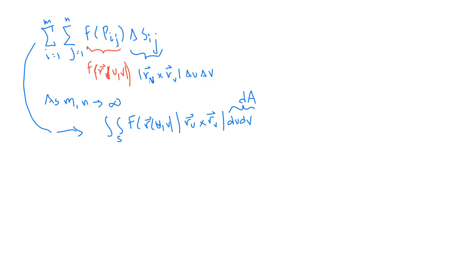And they assume the surface is covered only once as u and v vary. This is how we compute a surface integral. This here is your surface integral.